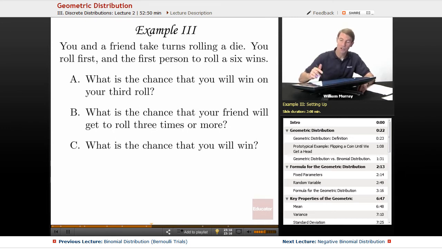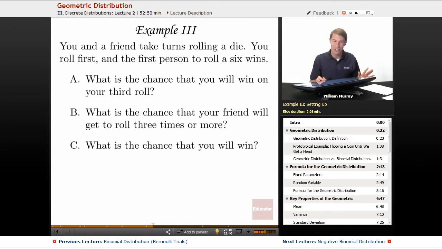This is a geometric distribution because if you kind of think of you and your friend rolling the die together, you're going to keep rolling the die until the first 6 comes up. Whether it's you or your friend who rolls the 6, you're going to keep rolling the die until the first 6 comes up, and then the game's over. You make the payoff, or somebody has to wash the dishes, and you don't roll it anymore.